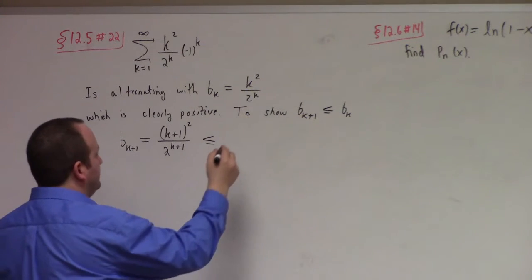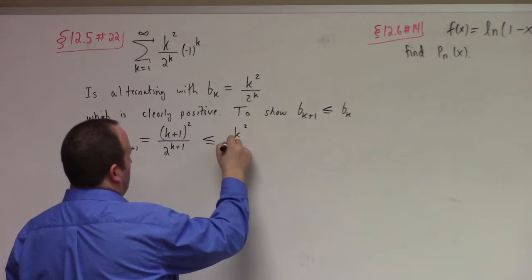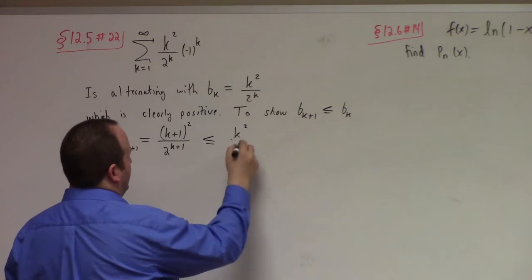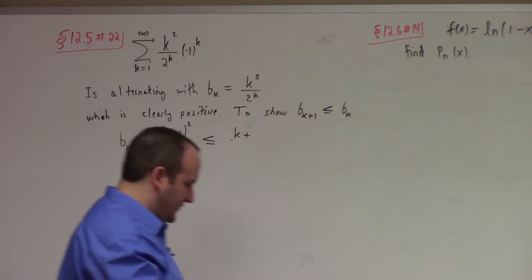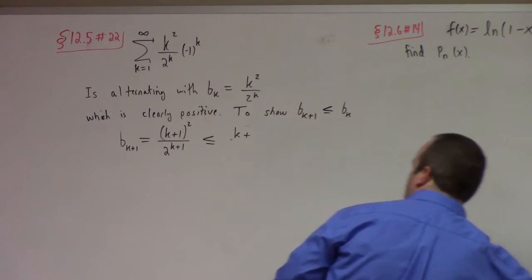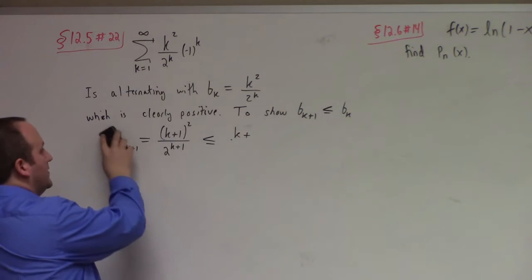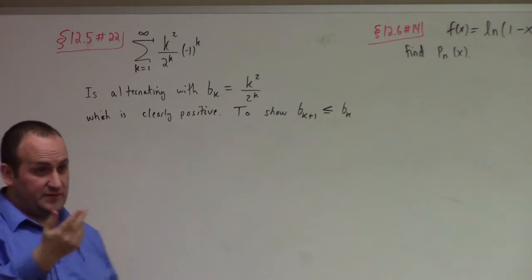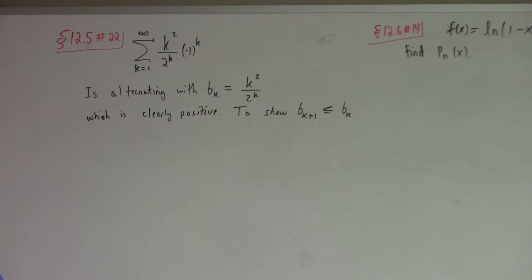So I can do k squared. Well, no, I can't do that. I guess I can do k+1. I don't know. The bottom line is, I'm not enjoying this. Let's do it a different way. How do you show something is decreasing? If any of you could see through it and you didn't help me out just now, you're bad people.